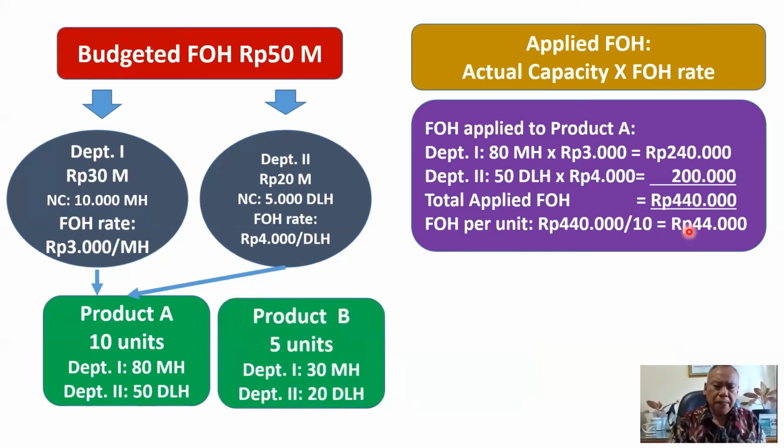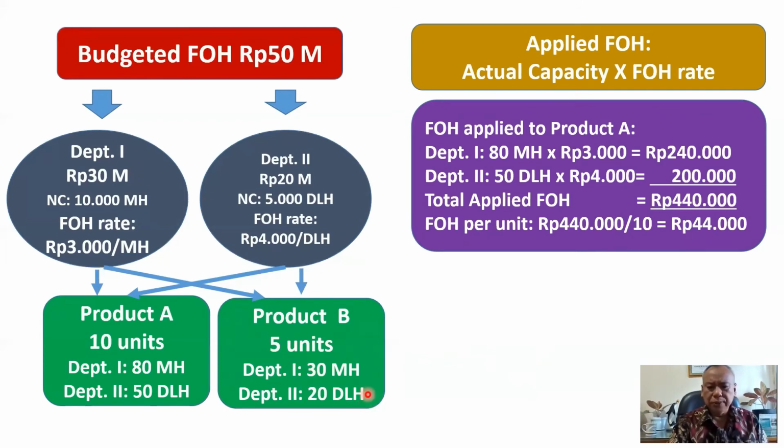And then, for example, we also produce product B, 5 units, and it takes let's say 30 machine hours in department 1. And then it takes 20 direct labor hours in department 2.